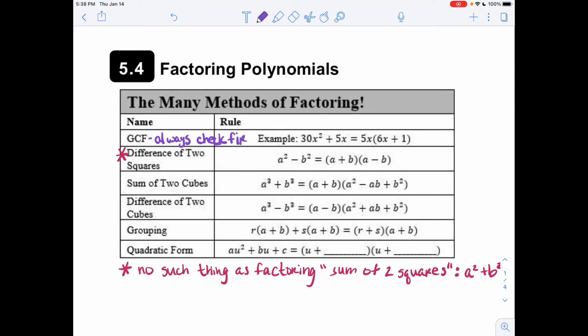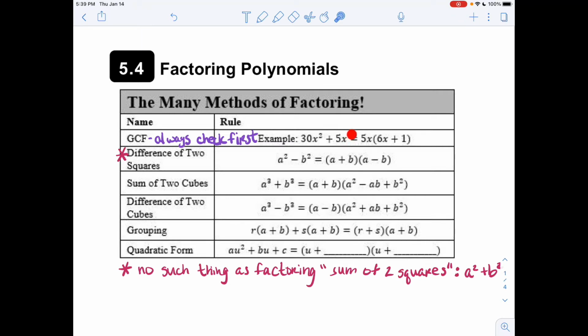So always check first. An example of that, just to refresh your memory, if we have a 30x squared and a 5x, with our numbers, we see that the 5 is a factor of 30, so we could pull a 5 out. We also have x's in both terms, and the smallest exponent is the one that they're going to have in common.